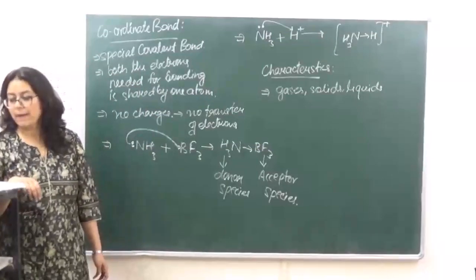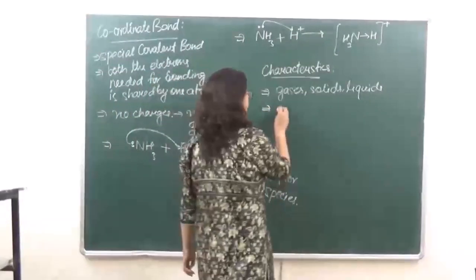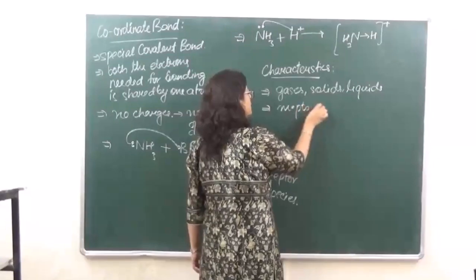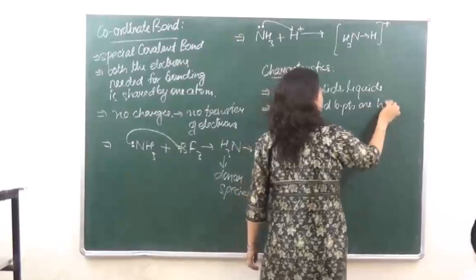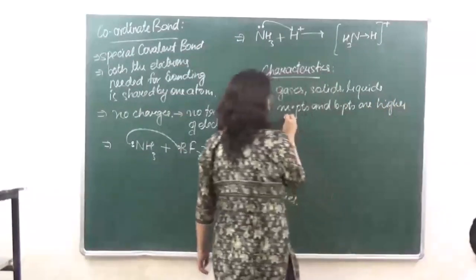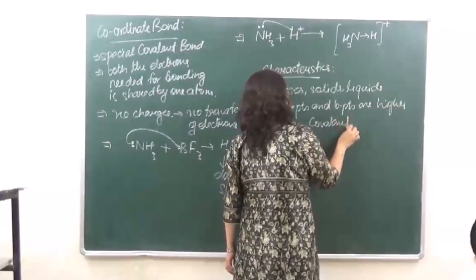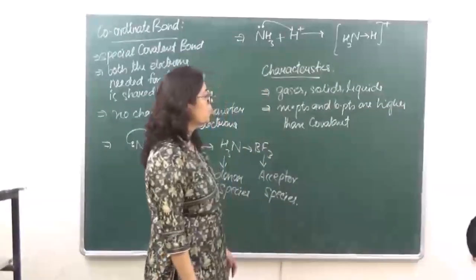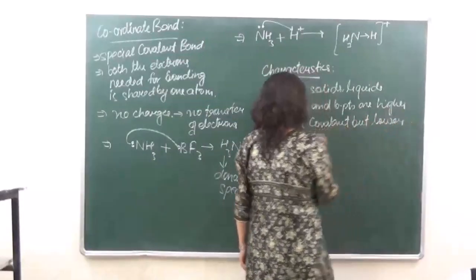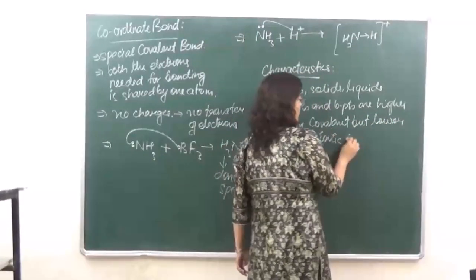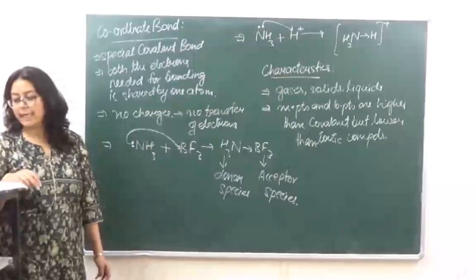Number 2, their melting and boiling points are higher than covalent compounds, but lower than ionic compounds.